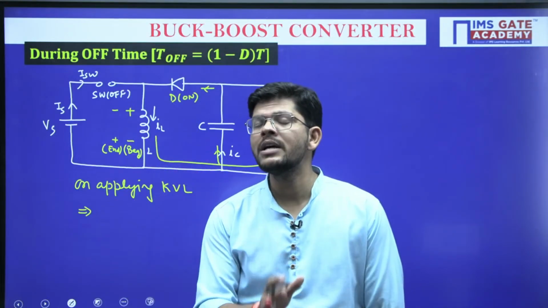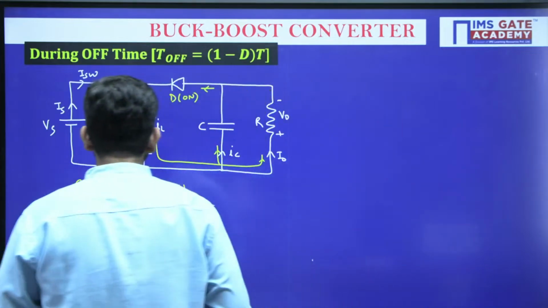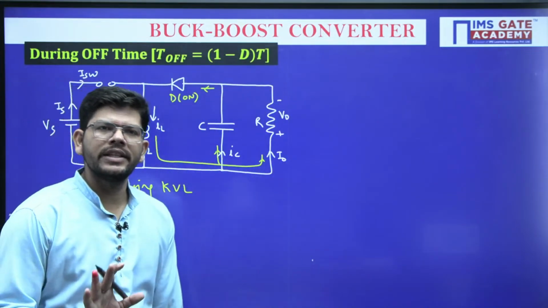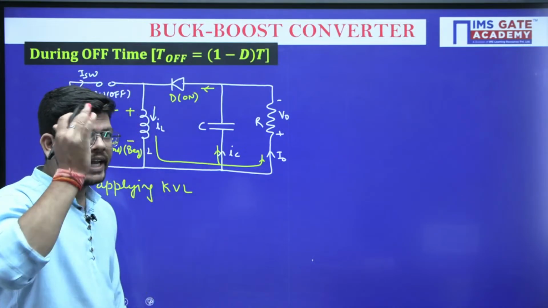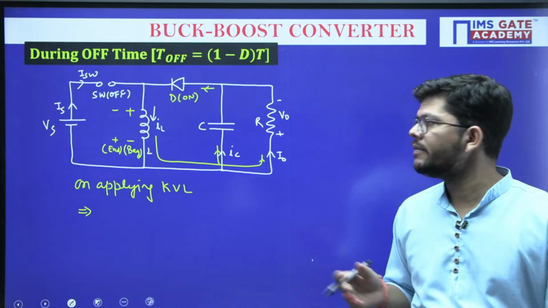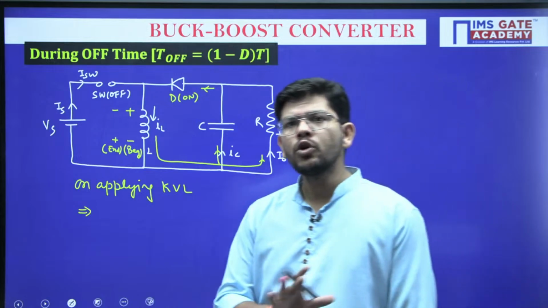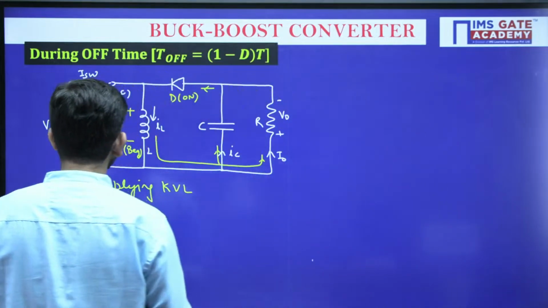Always go with the reference polarity that you have taken earlier, so that there is no confusion and you get the right results. You have to memorize one thing, that we have reversed the inductor polarity, so the inductor voltage is negative. So go with the reference polarity of the inductor so that the confusion will not be there.